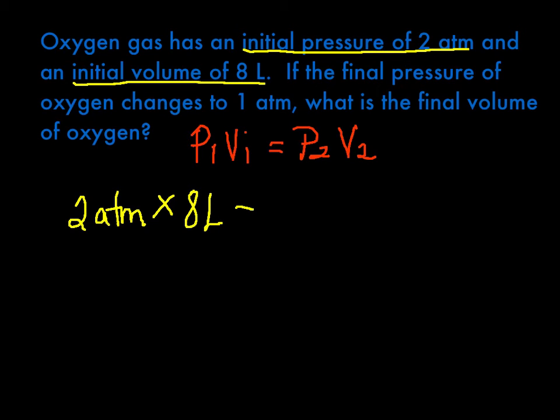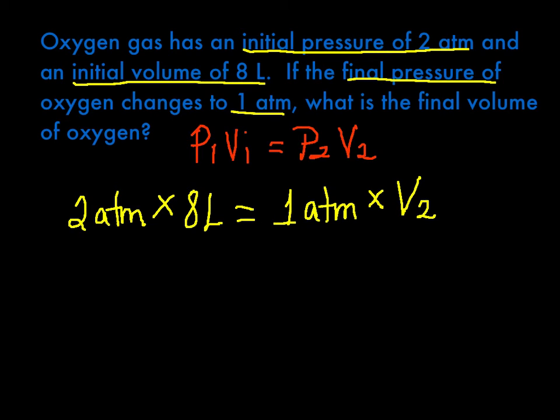That is going to equal our final pressure, which happens to be 1 atmosphere. And we're going to multiply that by V2, which is what we're looking for, our final volume. Okay, so we have 2 atmospheres times 8 liters is equal to 1 atmosphere times final volume.